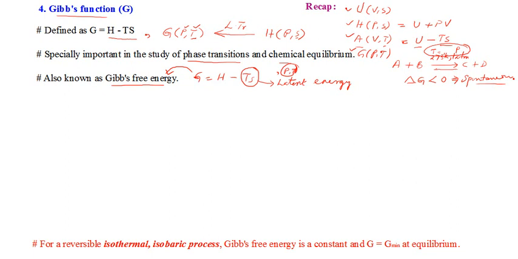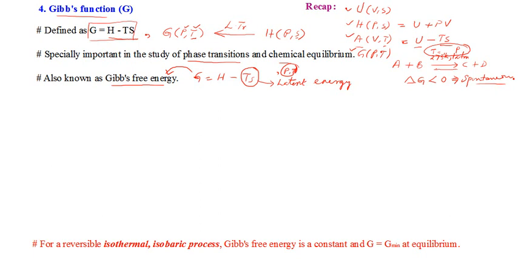So now, having defined G as the Legendre transformation of enthalpy, let us check what other information G can provide. For that, let's take the total derivative of G. From the defining equation of G, which I box here, let me take what is dG.